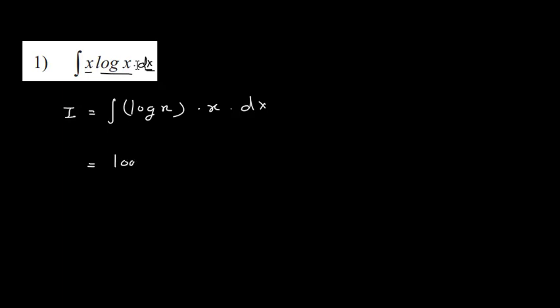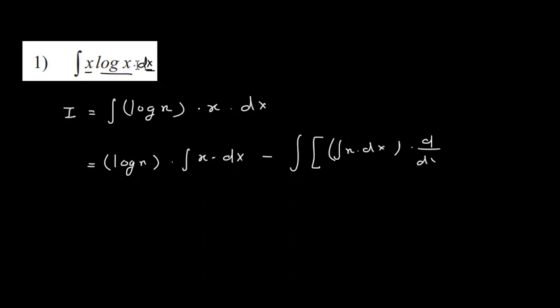So this equals log x, which is your u, into integration of v, that is x into dx, minus integration of this integration of x into dx, multiplied by d by dx of log x, and whole into dx. What I did here is first I rearranged, keeping u first and v second, and then I applied the formula.